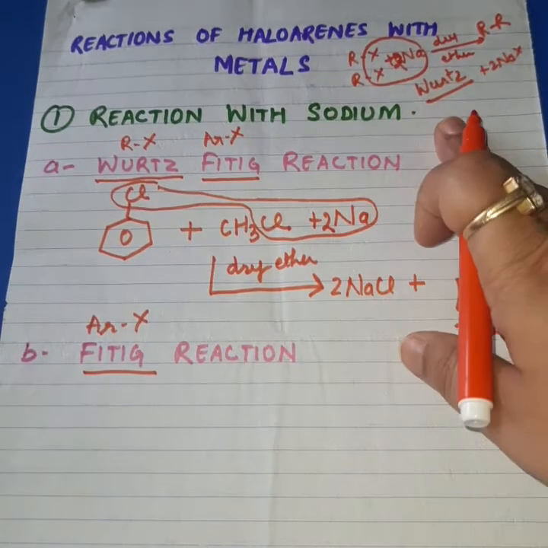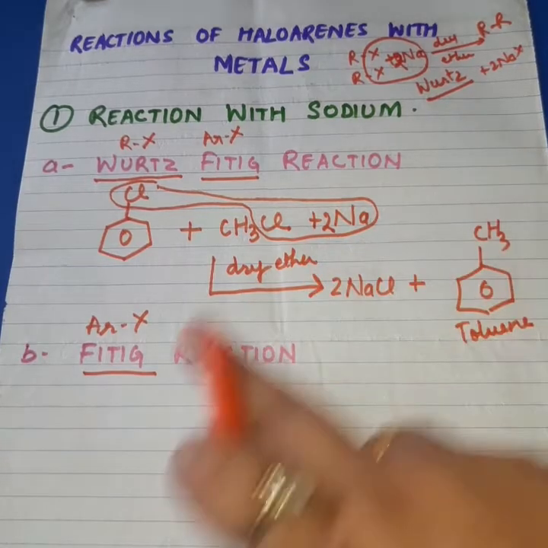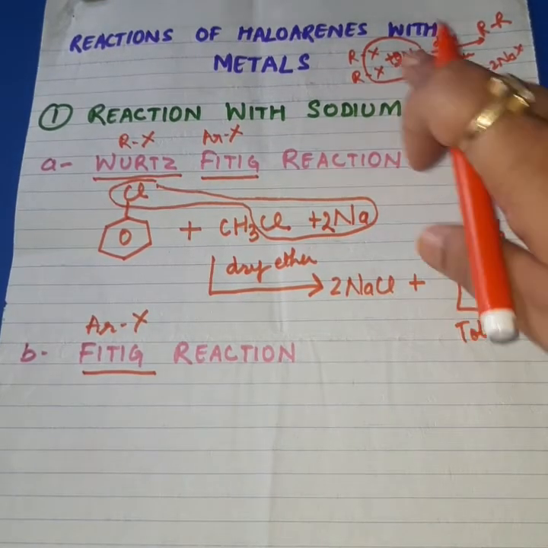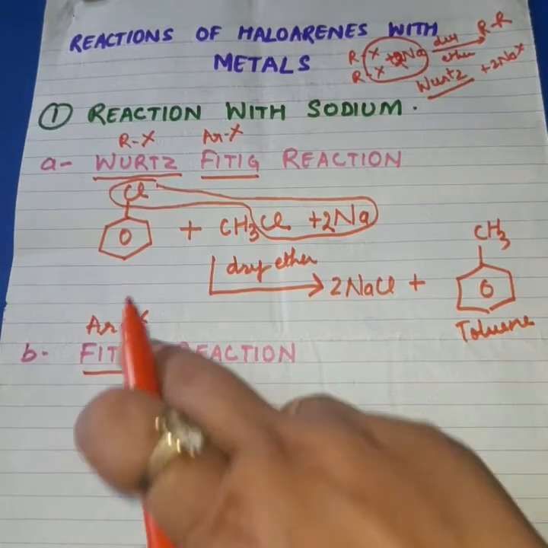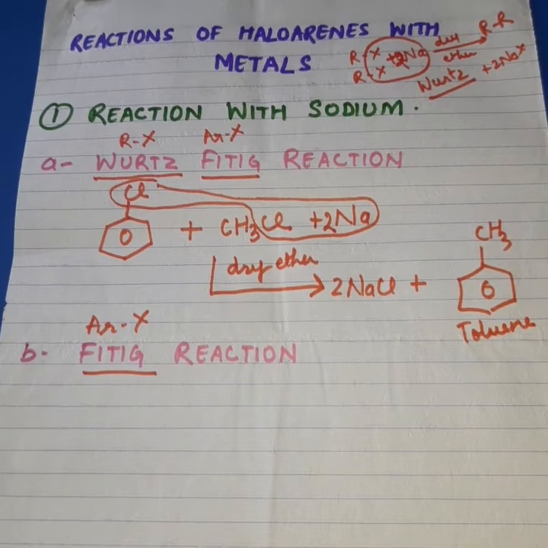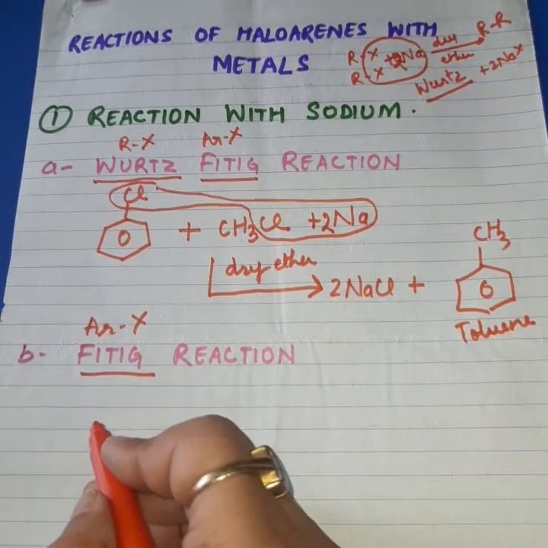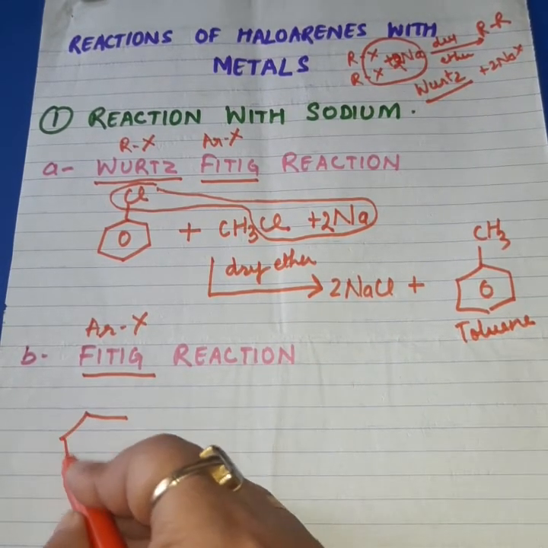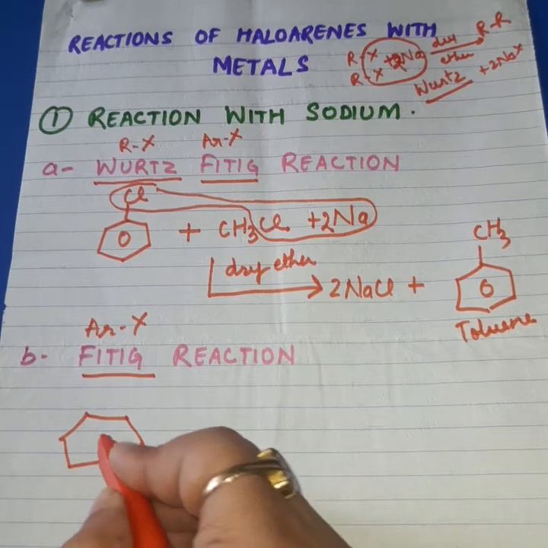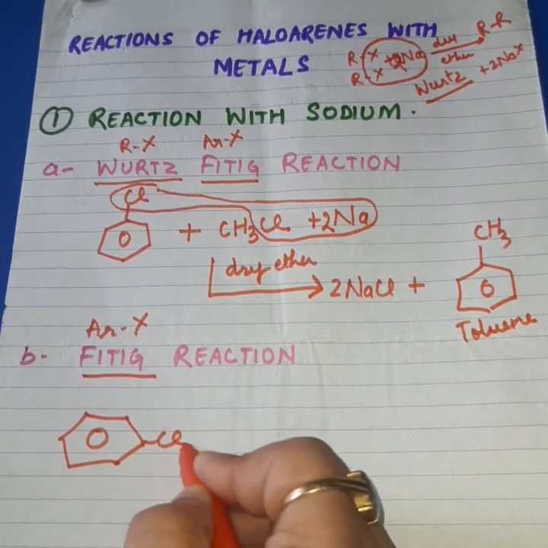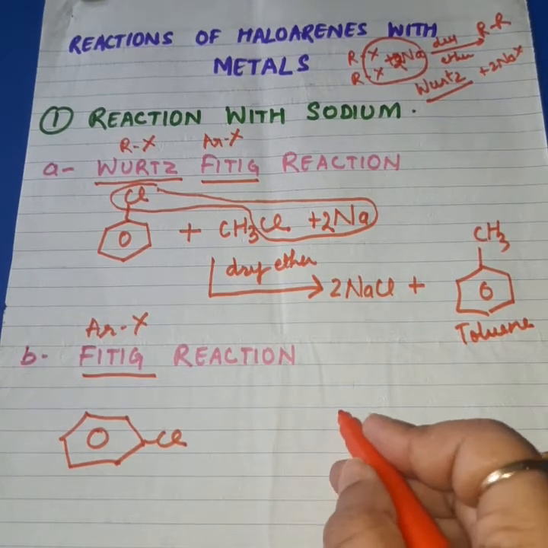So it is like Wood's reaction. The only difference is that in Wood's reaction alkyl halides are used, and in the Fittig reaction we use aryl halides. So it's a reaction of two similar aryl halides. I am taking 2 moles of chlorobenzene so that you understand the reaction.